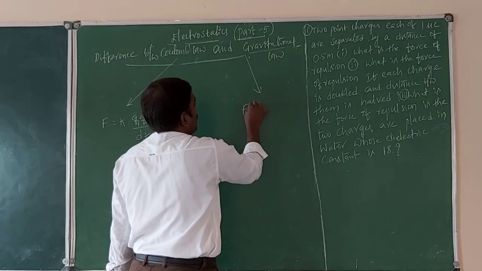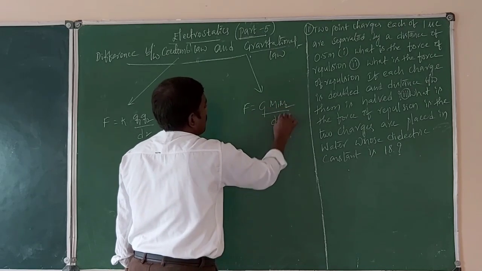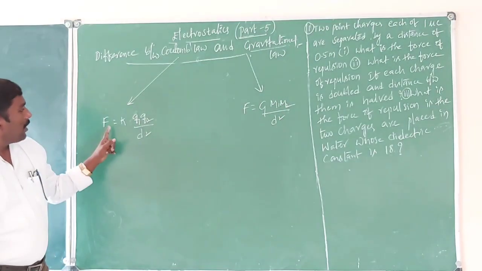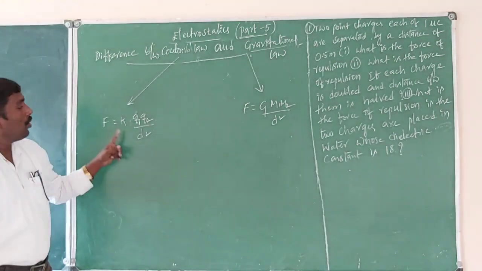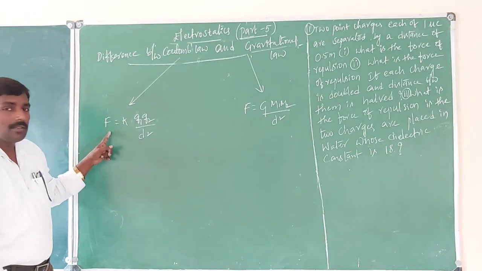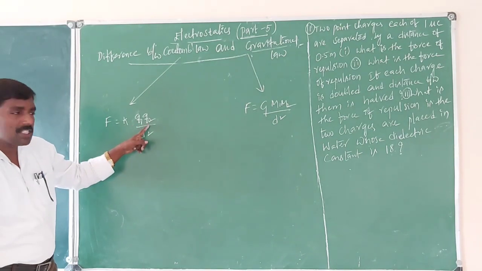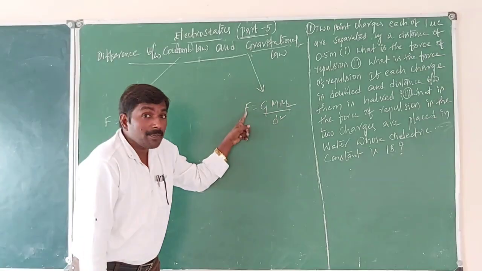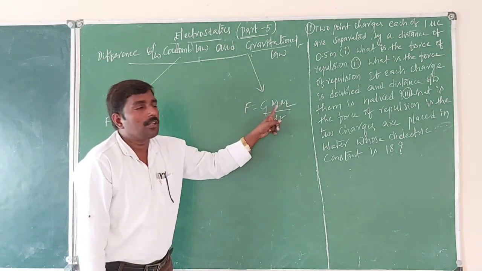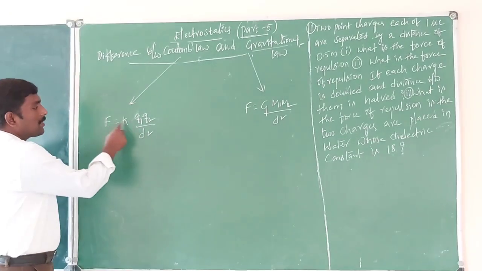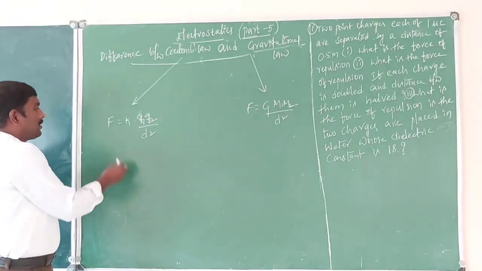Gravitational: F is equal to G m1 m2 by d square. Coulomb force depends upon the product of two charges. Gravitational force depends upon the product of the masses of the two bodies.